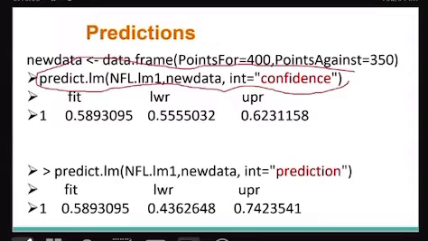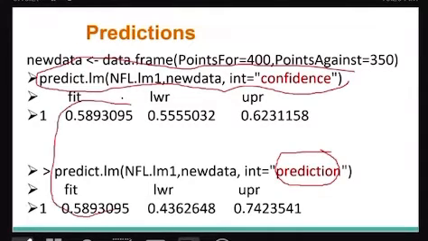The NFL model. Then when I put confidence, please pay attention, that is the average prediction interval. When I put prediction, that is for the individual. You know what I've done right now? The point estimate is going to be the same for both, whether for individual prediction or average prediction.